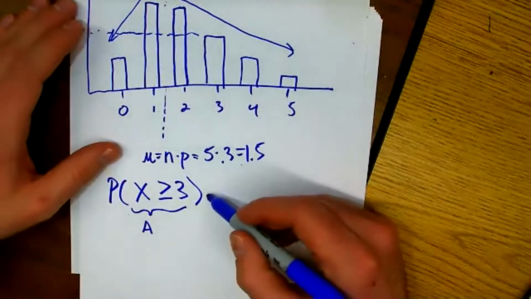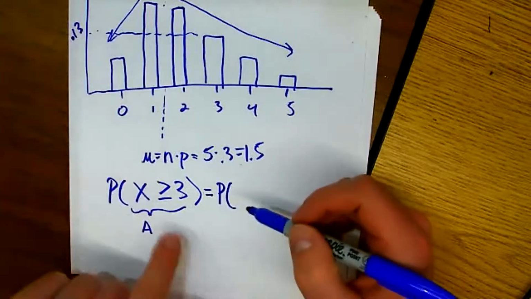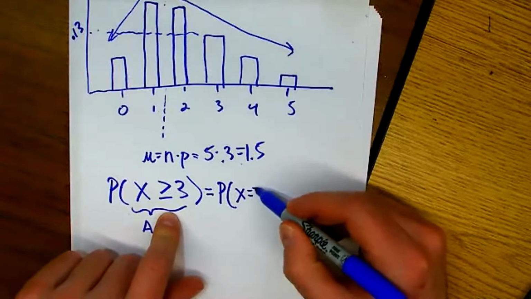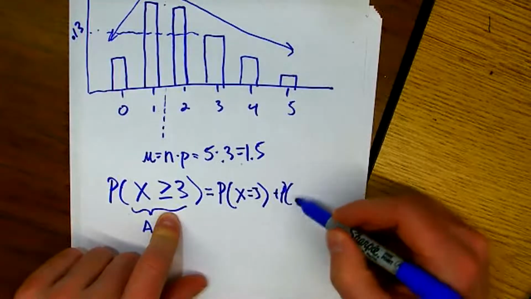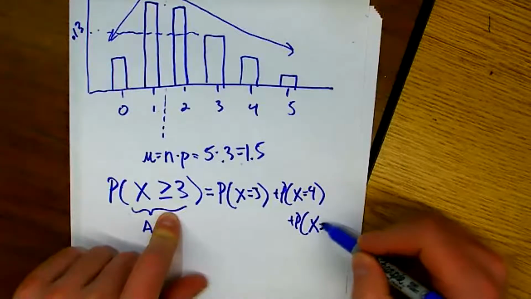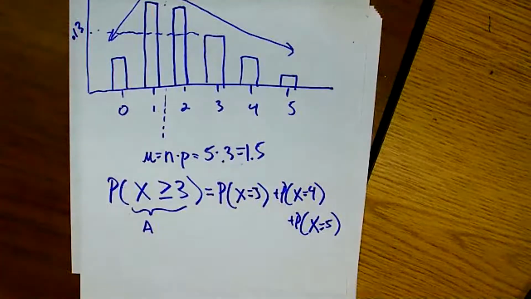And so another way I could write this is the probability of every possible outcome that meets this criteria in this event. So the probability x is equal to 3 plus the probability x is equal to 4 plus the probability x is equal to 5. That's where I stop because that was my number of trials. The most I can see is 5 out of 5 people have a degree.